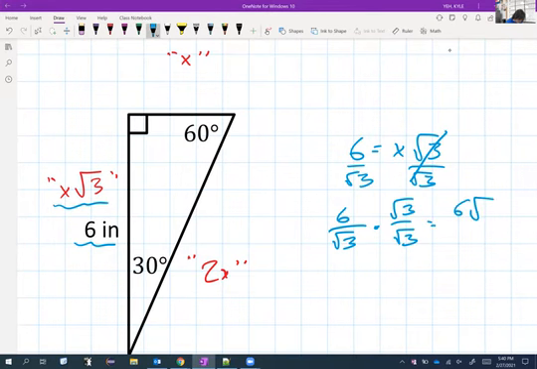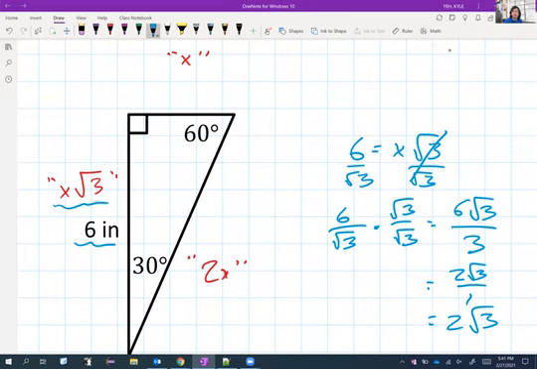Gets me 6 root 3 over root 3 times root 3 is just 3. And I can simplify that: 2 root 3 over 1, or just 2 root 3. So my x value will be obtained by dividing my x root 3 by root 3. X looks like 2 root 3 inches.